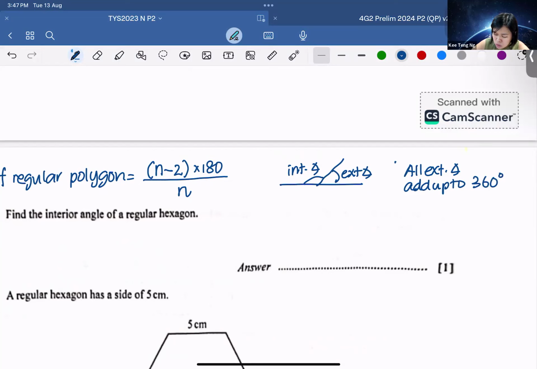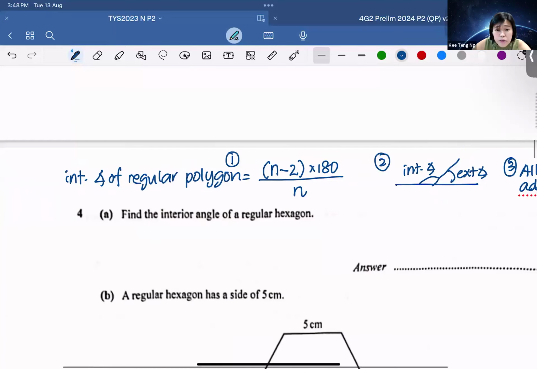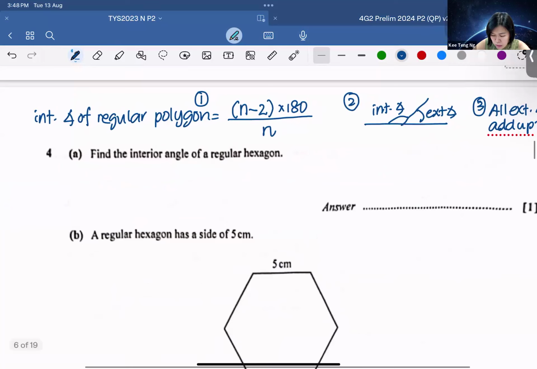So 3 things you need to know. If it's not a regular polygon, then you can only find the total angle, which is n minus 2 times 180.